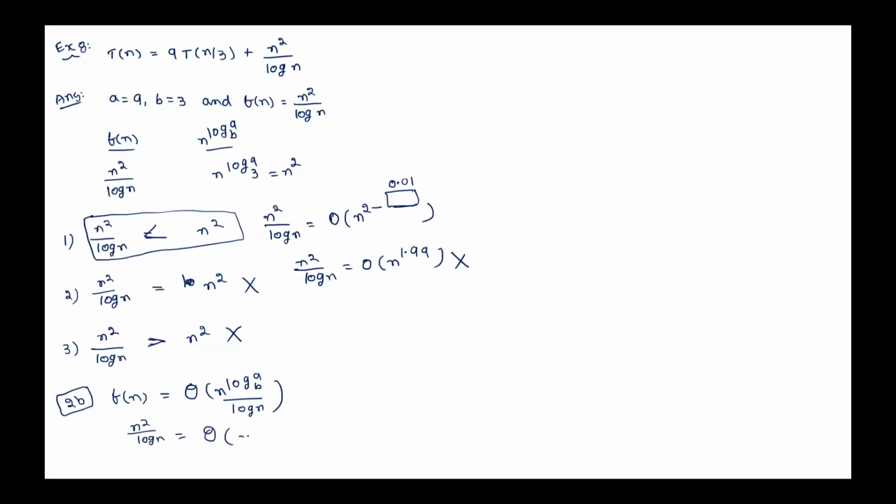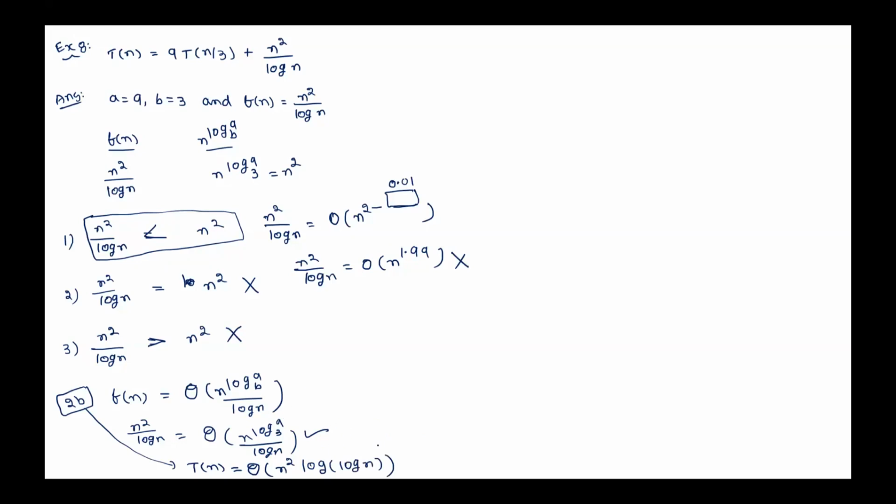Yes, it is theta of n power log 9 base 3 divided by log n. Is that correct? Therefore, by case 2b, T of n is theta of n square into log of log n. Those cases we need to remember.